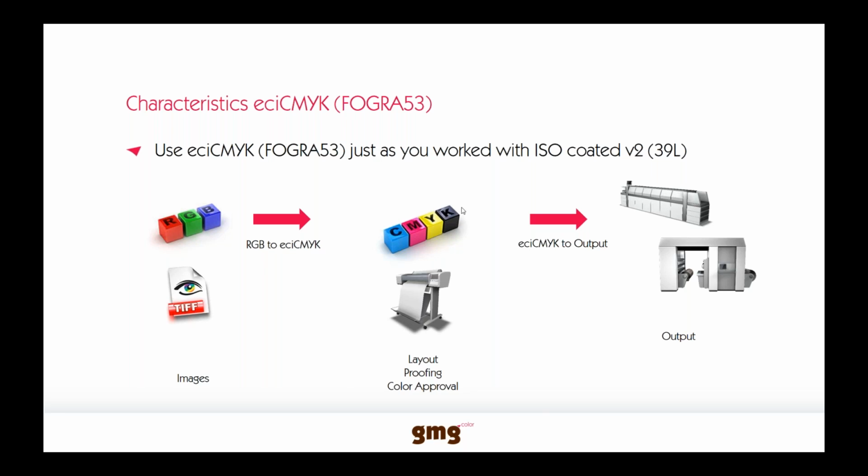In this case, you win since you still have your higher saturated layout file, and this file you convert to your digital output, and then you take advantage of the bigger color gamut of this color space.